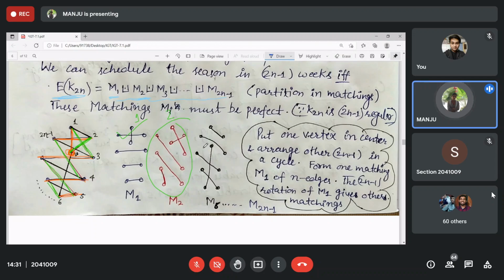Now this was V1, V. This is your first vertex, second vertex, third vertex, fourth vertex, fifth, sixth, and this is your 2n minus 1, 2n minus 2, 2n minus 3. Now, we have rotated from V2 1 to V2 2. Now V2 3 you can rotate.